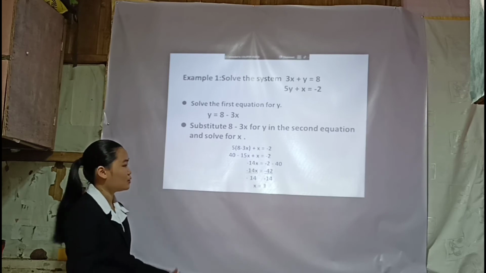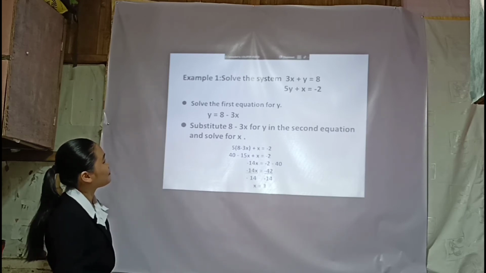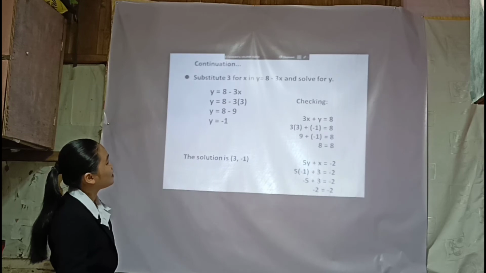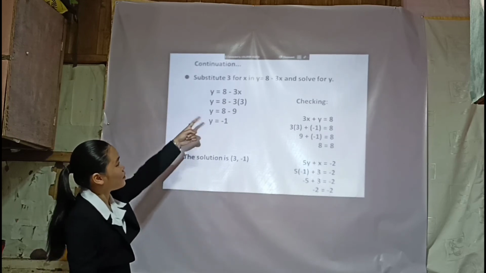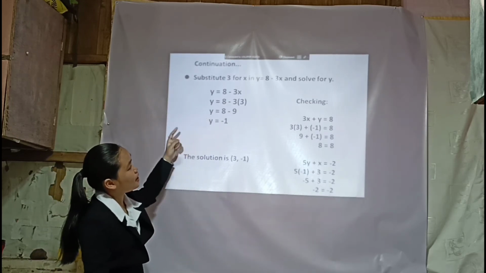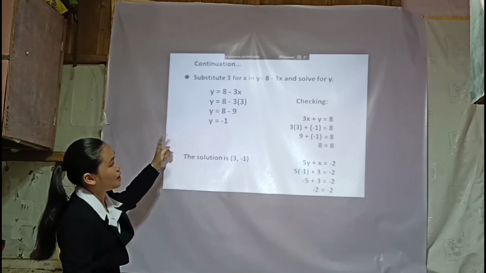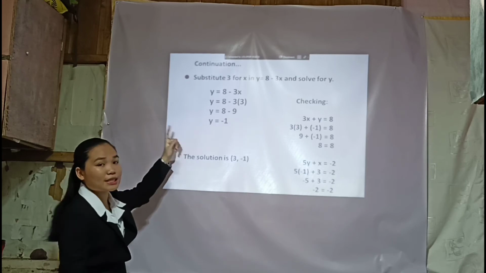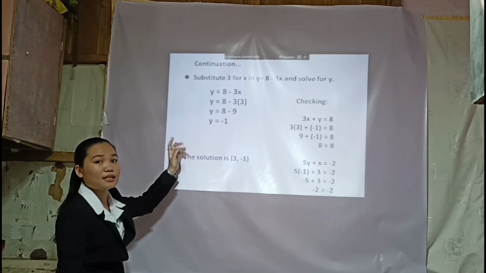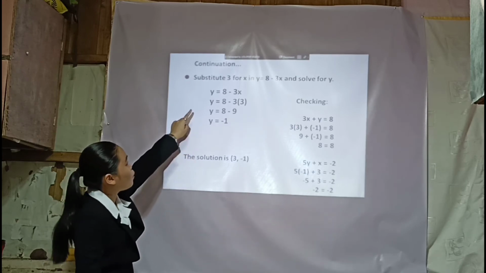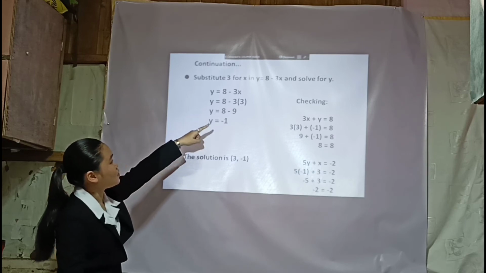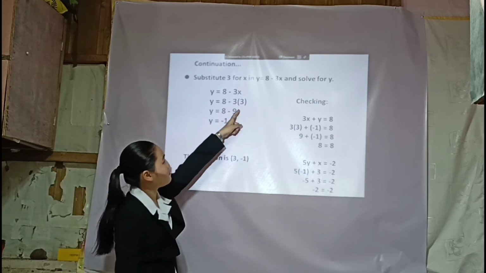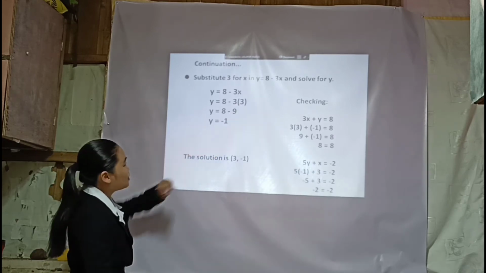So, let's proceed to the next step. Substitute 3 for x in y equals 8 minus 3x and solve for y. Since the value of our x is 3, we substitute it into the answer in the first step. Y equals 8 minus 3x. Substitute the value of x, 3.